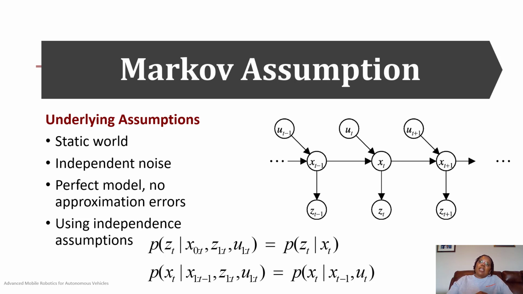And the probability of a state at t is going to be dependent upon the states 0 to t minus 1, sensor measurements 1 to t minus 1, and robot actions 1 to t, which if we use independence, gets simplified to the probability of the robot at state t being only dependent on the previous state t minus 1, as well as the action at time t, and that's what this diagram shows us here.